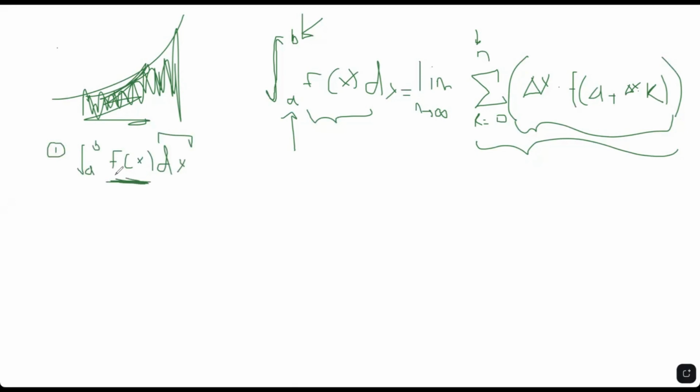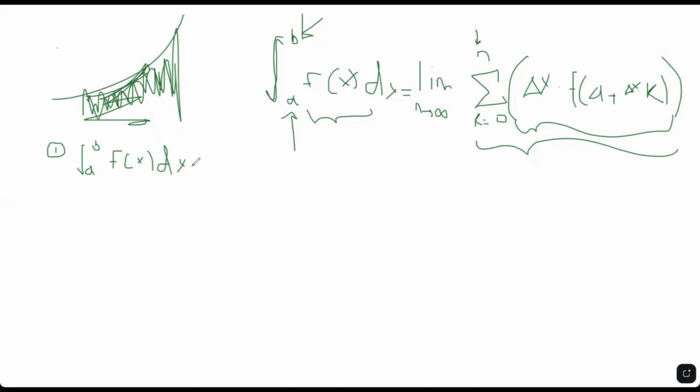This is the height of the function at a certain point, and this is the width of the rectangle, basically. And that is basically approaching 0 because n approaches infinity. So this is still the area formula of a rectangle: height times width. Width approaches 0, height approaches basically the value of the function at that point, which is why it is a limit.